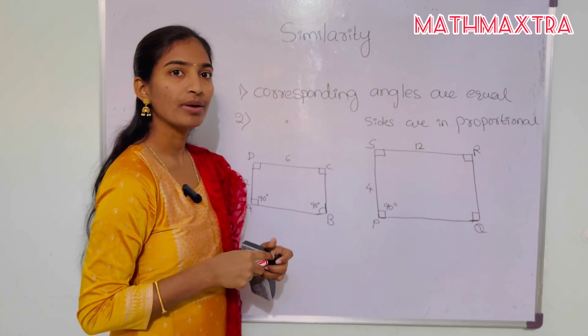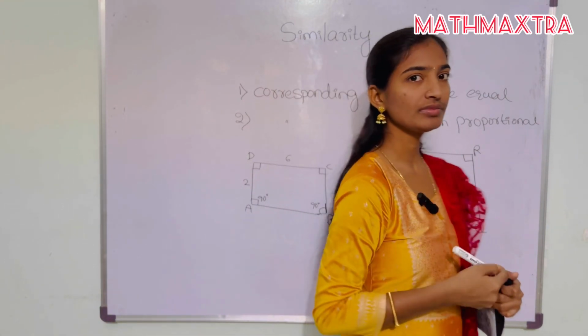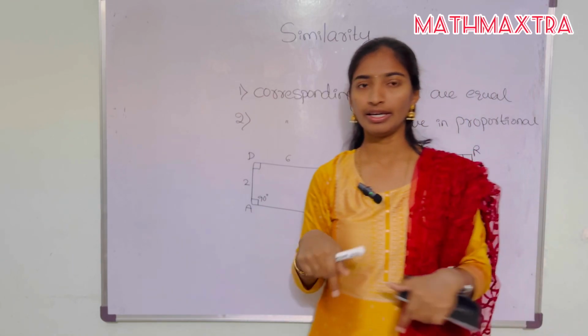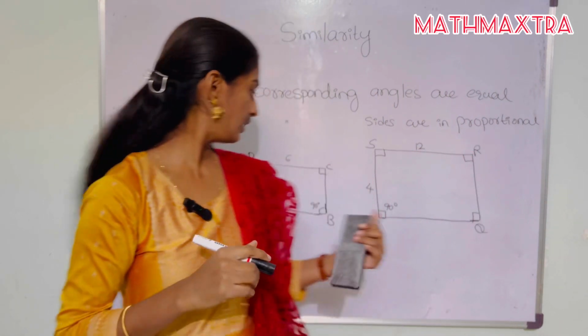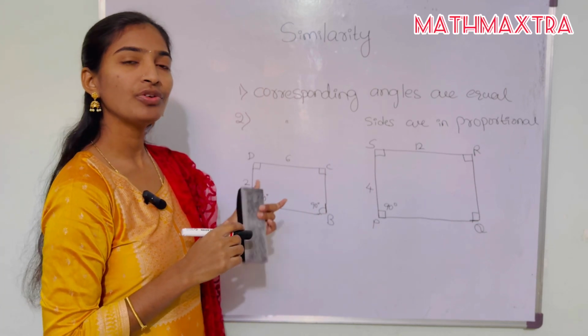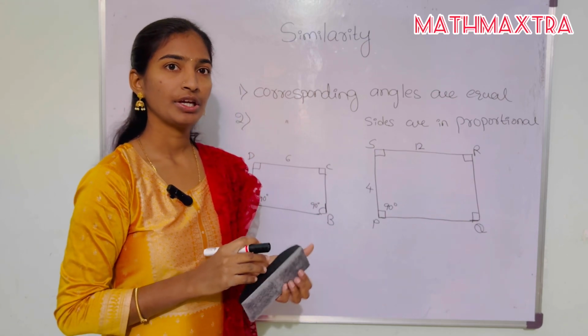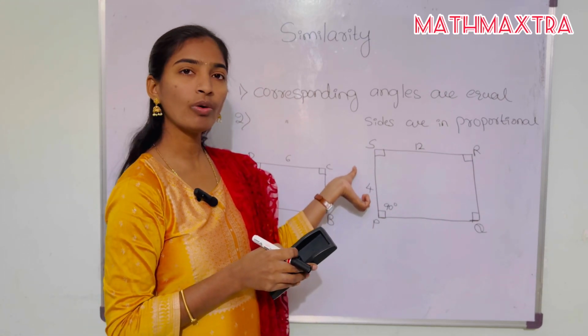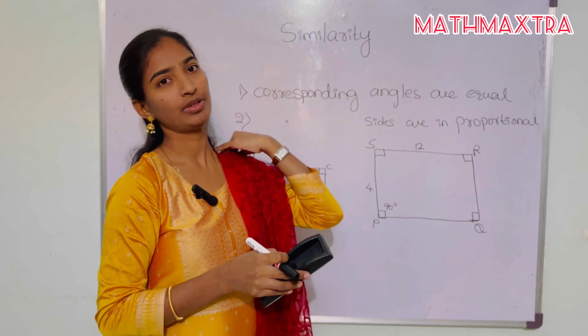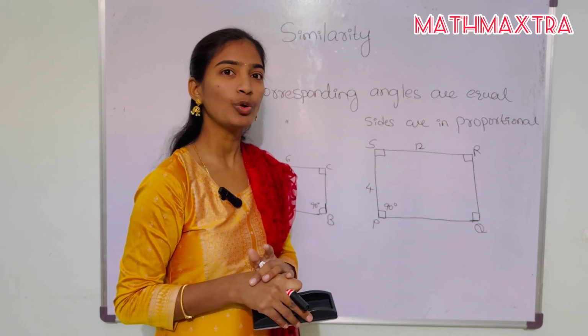What do you mean by proportionality? See, you take one photo frame. It is in the ratio of, see, with length 6, width 2. So if you want to increase the size of the photo frame, if you increase only length of the photo frame, will both the photo frames look alike? No, right?